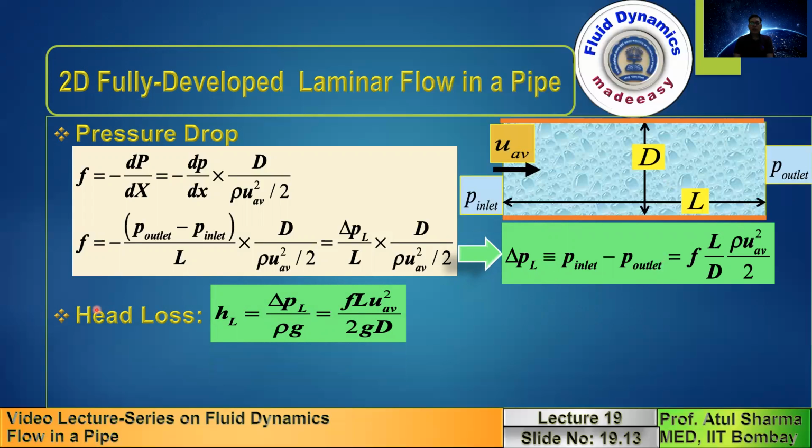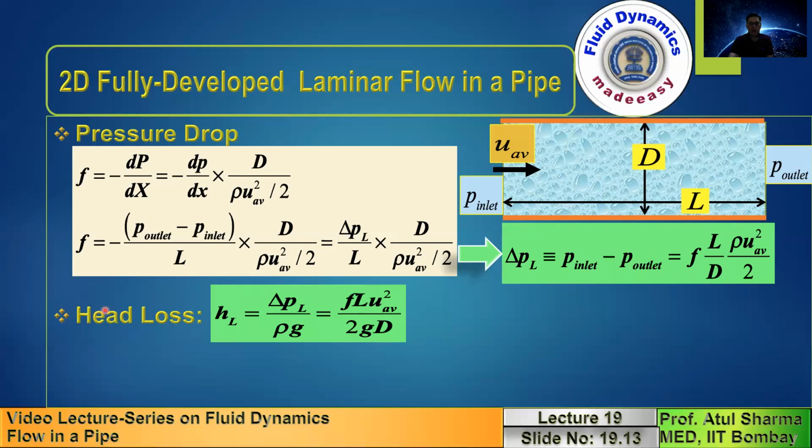This is a loss in overcoming the viscous resistance, because as I mentioned, due to the random motion of the molecules, different fluids have certain stickiness between the different layers of the fluid, for which when the fluid tries to flow in a pipe, it has to overcome that viscous resistance, which leads to this head loss.